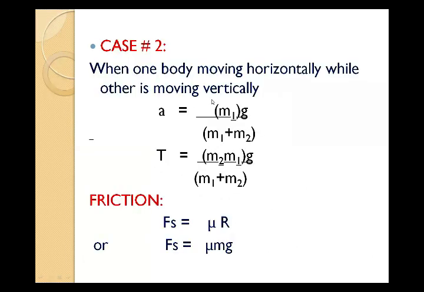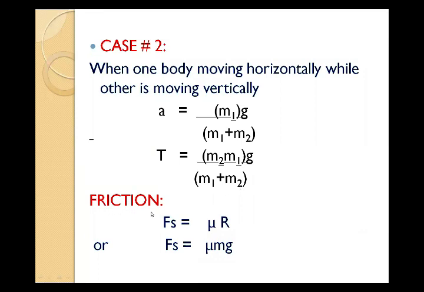Now, when we proceed further, we have discussed the second case in which the two bodies are on a frictionless surface, and one body is moving horizontally while the other is moving vertically. The acceleration for these two bodies is given by a equals m1g divided by m1 plus m2. Now, the tension is given by m2m1g divided by m1 plus m2.